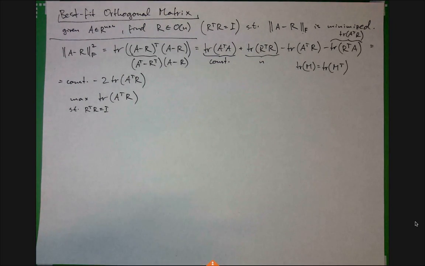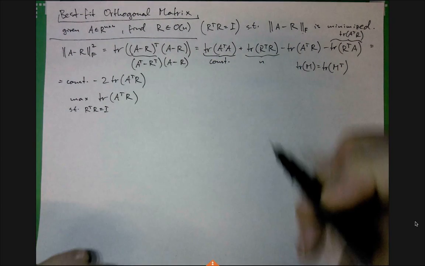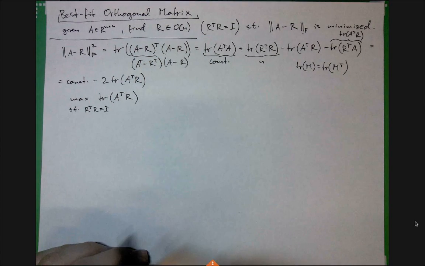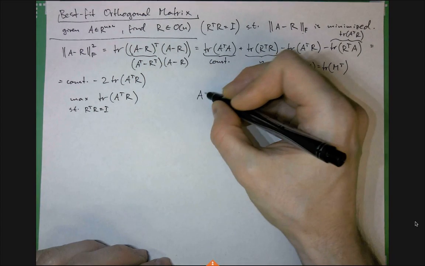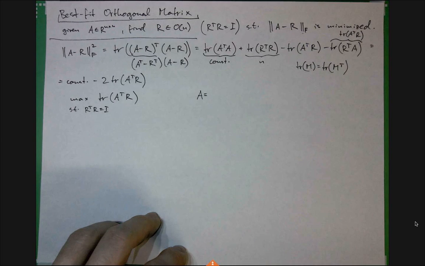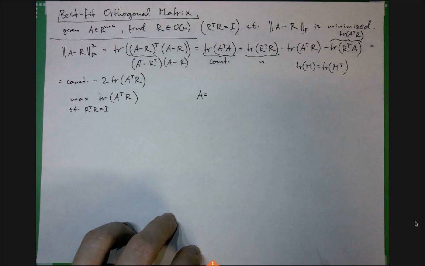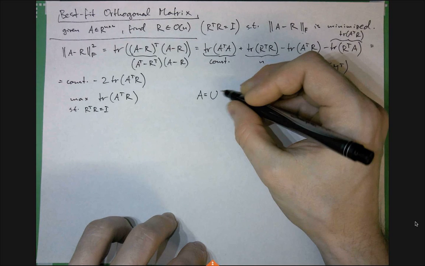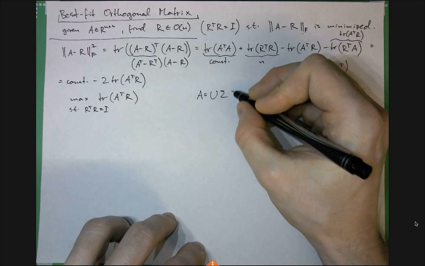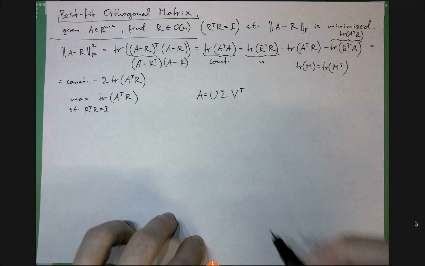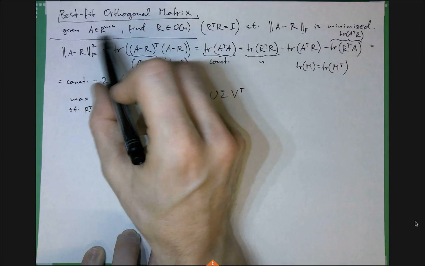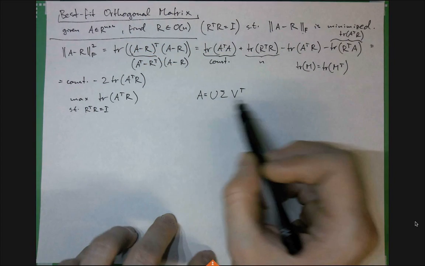And the way we can find such an R is by considering the SVD of A. So let's take a look. We know that any matrix has a singular value decomposition, right? A being no exception. So I can definitely write A as U sigma V transpose, right? And this was a square matrix to begin with, so all these matrices are nice and square.